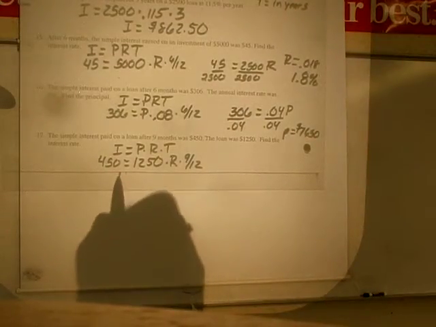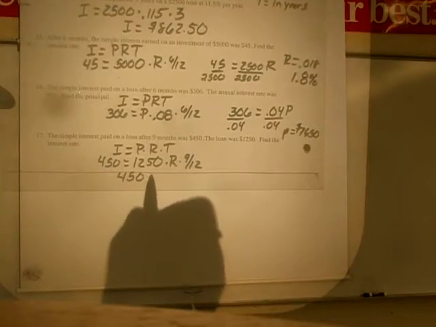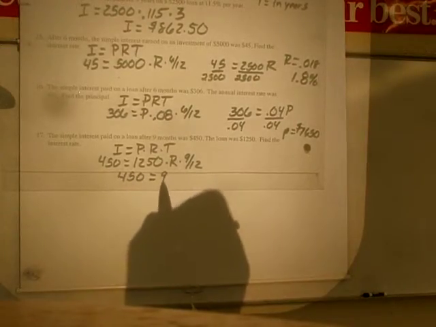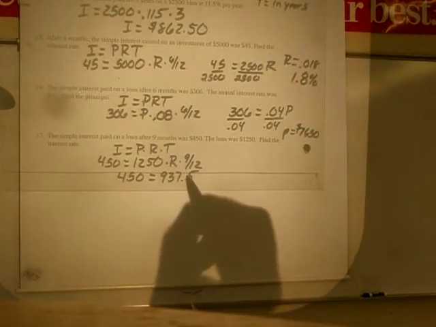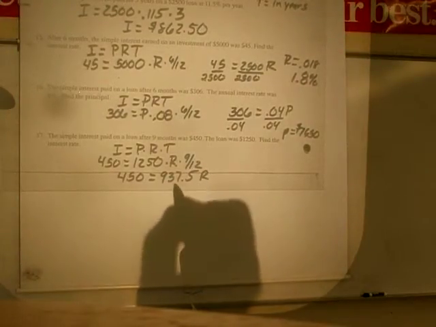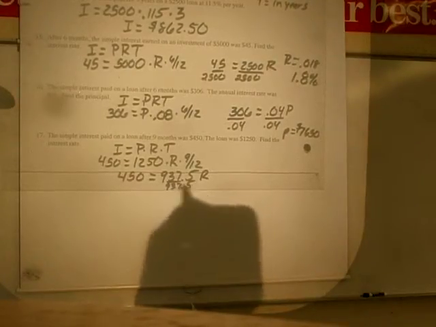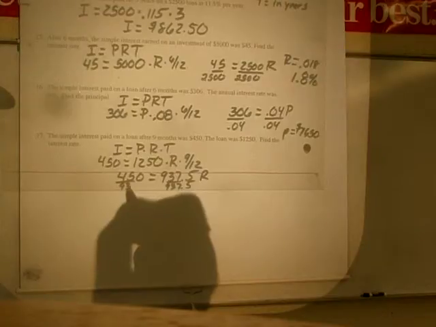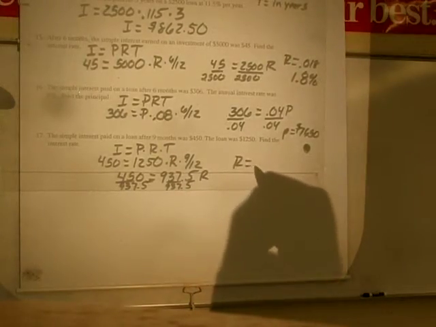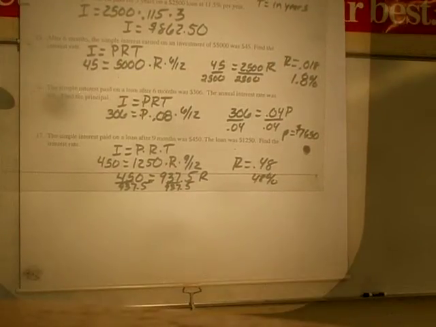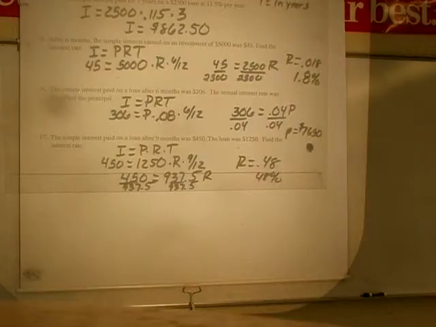If we multiply that, you end up with 450 equals 937.5 R. And if you divide both sides by 937.5, you end up with an insane interest rate of 48%. Very high interest rate.